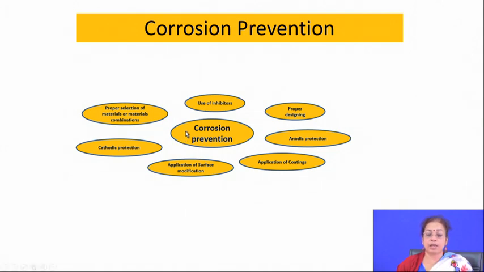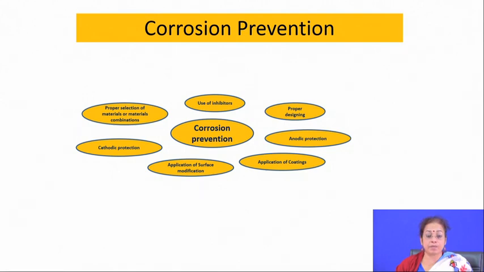Aqueous corrosion based problems can be circumvented or reduced by a choice of the proper materials, by the application of cathodic protection, by the application of anodic protection, by the application of inhibitors where you change the environment, by proper designing of the component, and by application of surface modification and coating techniques.